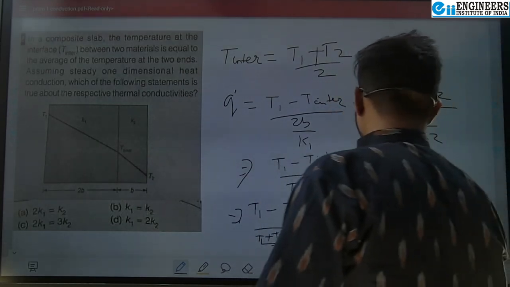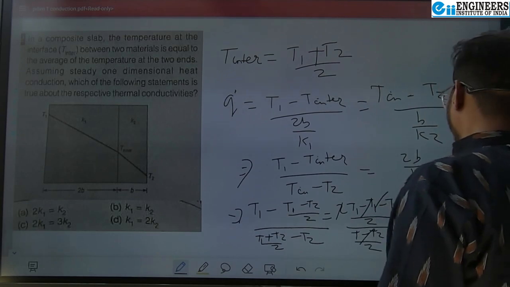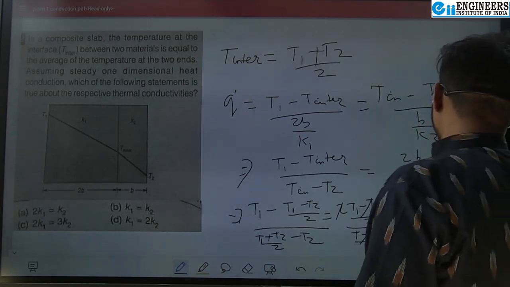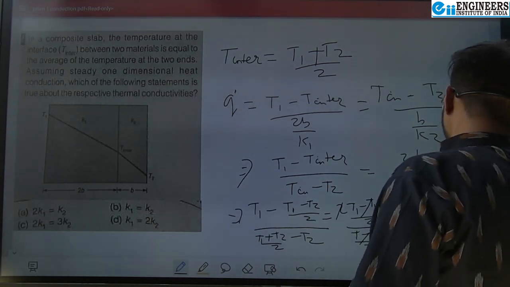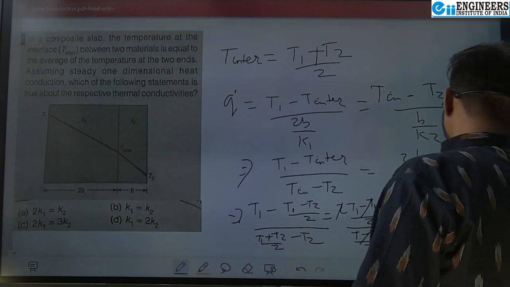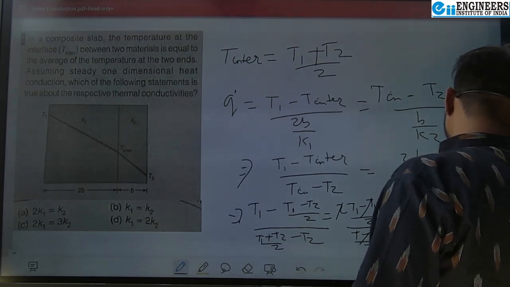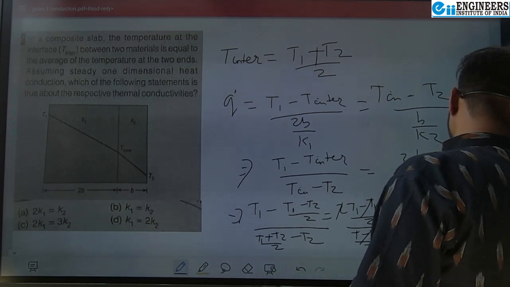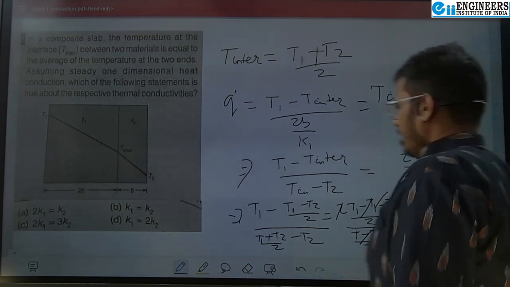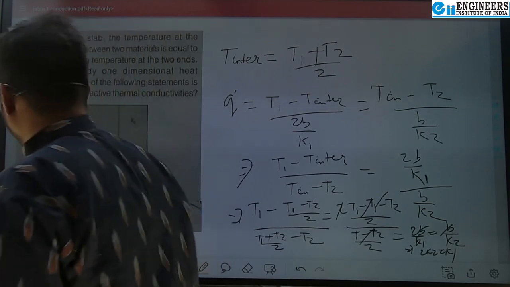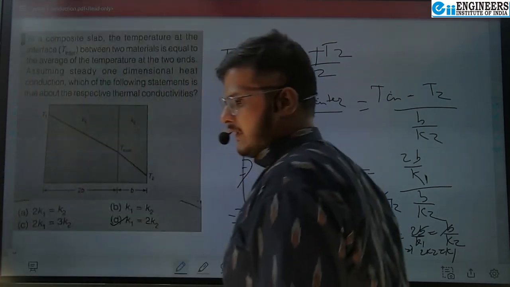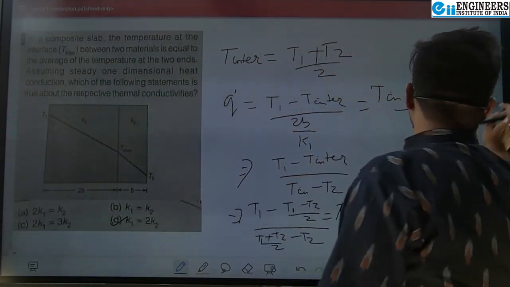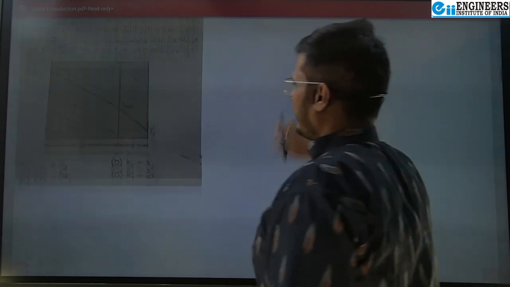So this overall thing will get cancelled. This implies 2B by K1 equals B by K2. Then B gets cancelled. This implies 2K2 is equal to K1. Hence proved. Now let us move on to another question.